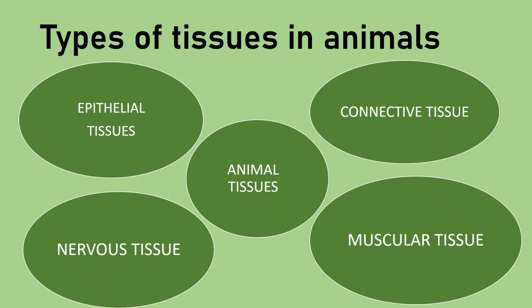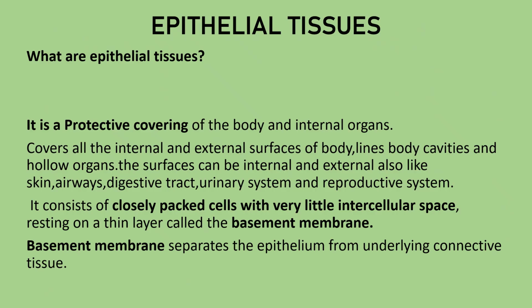Types of tissues in animals. Animal tissues can be classified as four types: epithelial tissues, connective tissues, muscular tissues, and nervous tissues. What are epithelial tissues? It is a protective covering of the body and internal organs. So these tissues offer a protective covering over all the internal and external surfaces of the body.